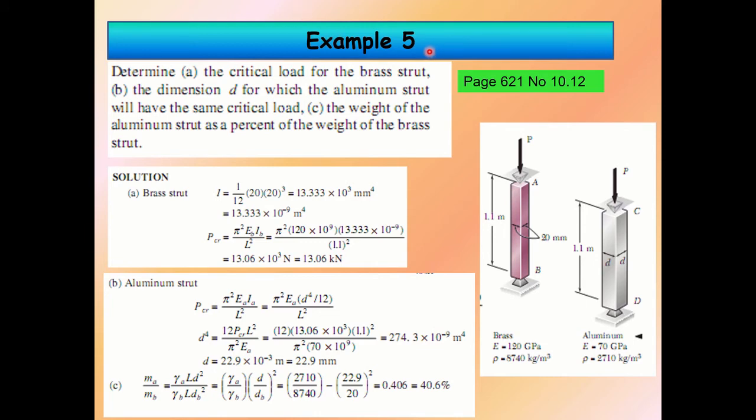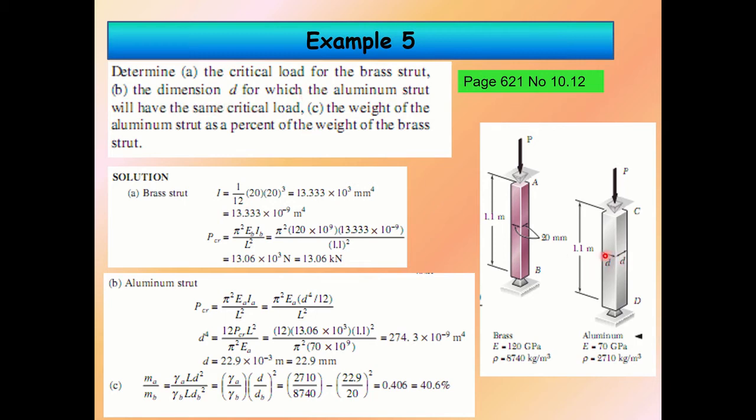Example number 5. Determine the critical load for the brass rod. This is a brass rod. The length is 1.1 meter. This is the dimension for the square column, 20 and this one 20. Second question, you need to determine the D for which the aluminium rod will have the same critical load.